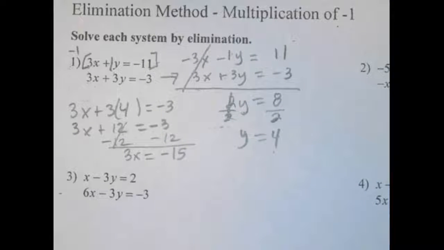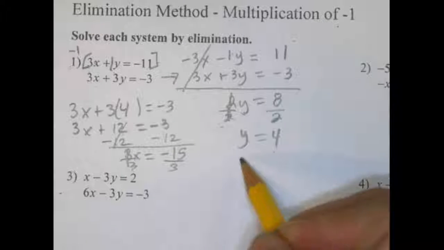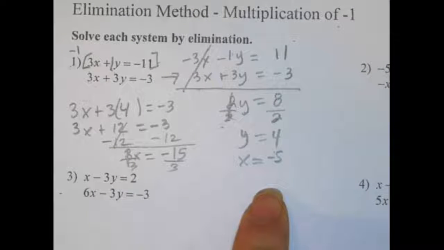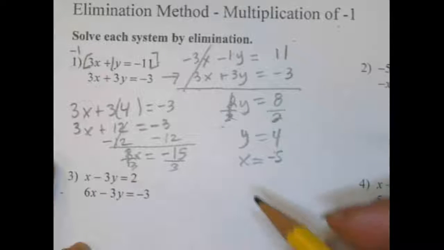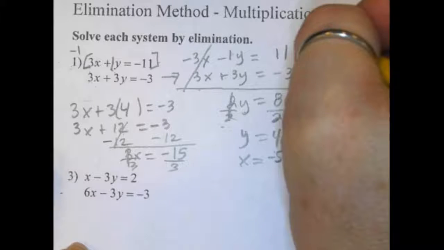Two negatives become a bigger negative. Then what? Divide by positive 3. X is equal to what? Negative 5. Good. So my answer, remember, I want to write it as an ordered pair. My answer is going to be negative 5, comma 4.